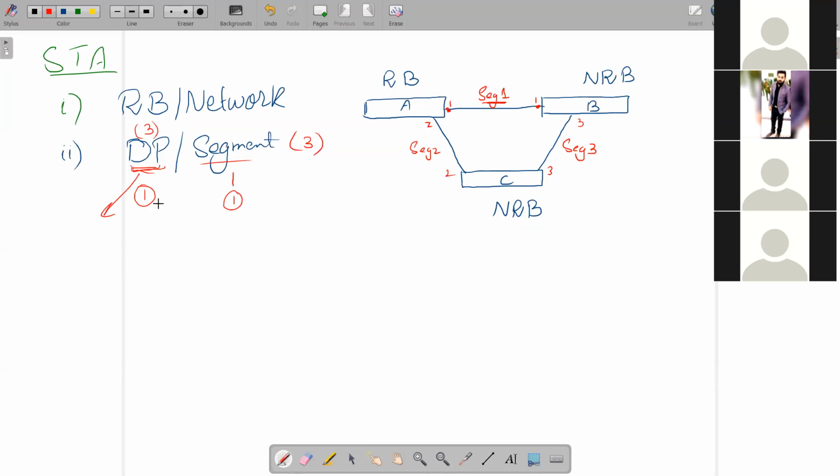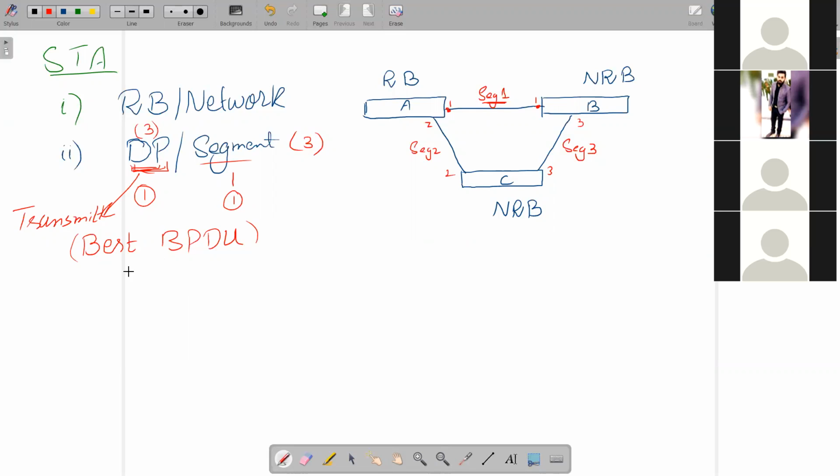It says the designated port is the port which transmits the best BPDU. Designated port is such a port which transmits the best BPDU.